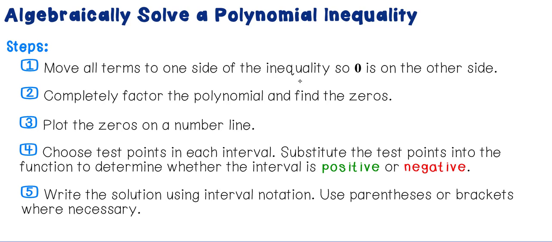Third step is plot the zeros on a number line. Fourth step, choose test points in each interval, and then you substitute the test points into your function to determine whether the interval is positive or negative. And then the fifth step is write the solution using interval notation, and you use parentheses or brackets where necessary.